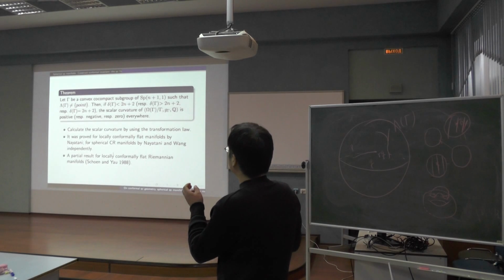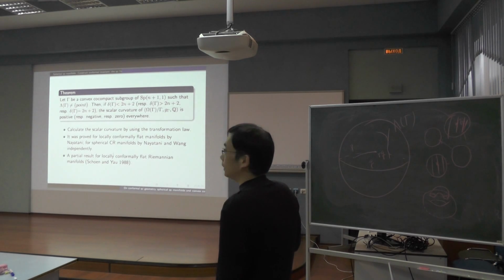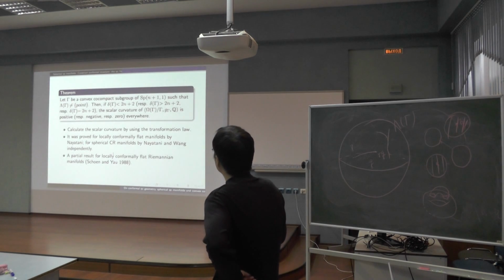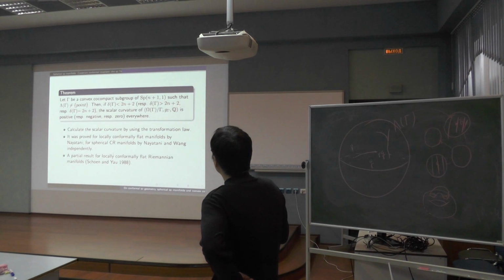So we can calculate the scalar curvature of this metric to obtain the following theorem. The delta gamma is less than 2n plus 1, and equal to 2n plus 1 if and only if the scalar curvature is positive. This means the manifold's scalar curvature is positive, negative, or vanishing. That means the Poincare exponent characterizes the manifold's scalar positivity. Just calculate the scalar curvature.